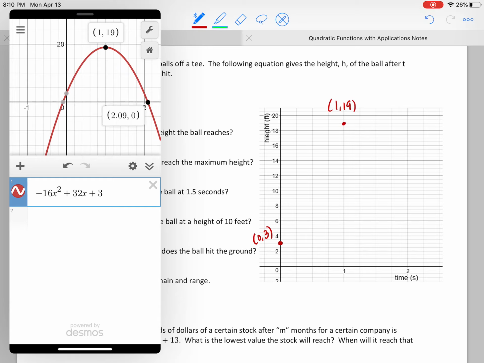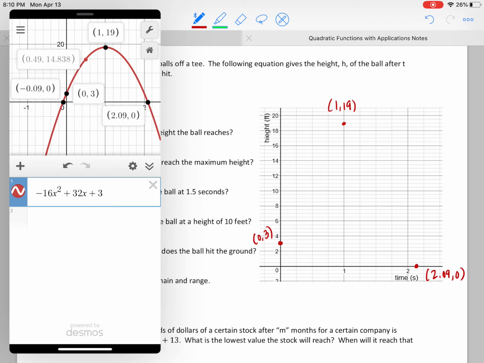And then it's got an x-intercept at 2.09, so somewhere here-ish, (2.09, 0). Now the other x-intercept would be a negative. Nothing negative is going to apply in this real situation. That's why this graph is all confined to quadrant 1.